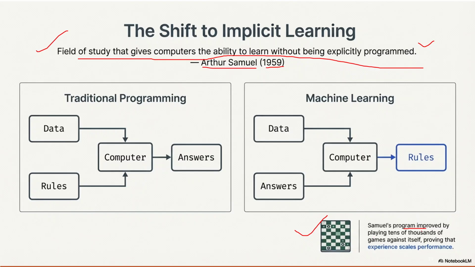The program, the algorithm to play this game, was developed by Samuel, and that program played this game tens of thousands of times, and eventually it improved itself and made itself a better and better version of itself by learning and iterating multiple times through this checkers game. So that's why it gave a definition based on this experience.